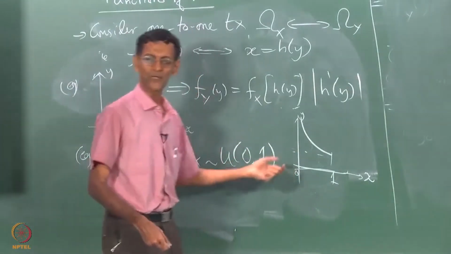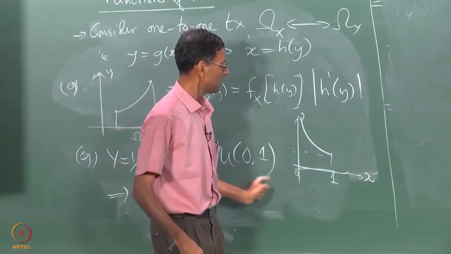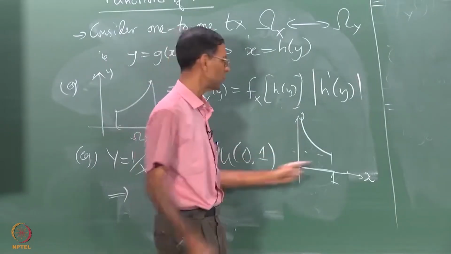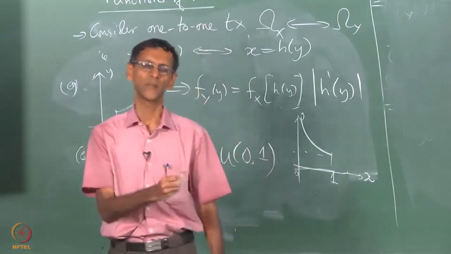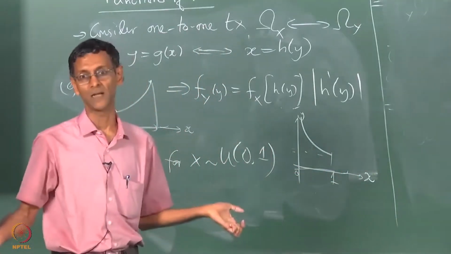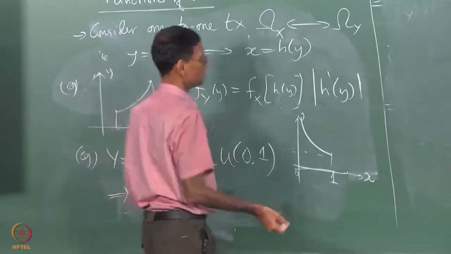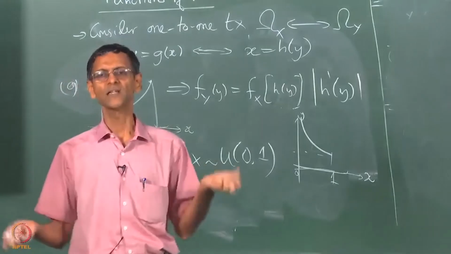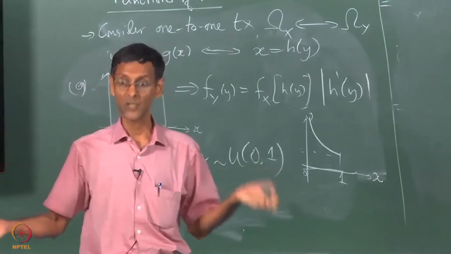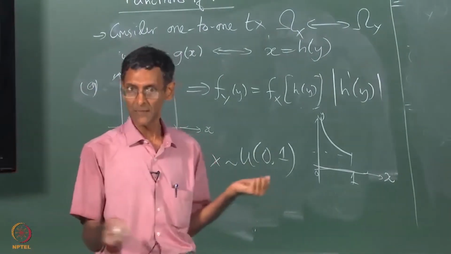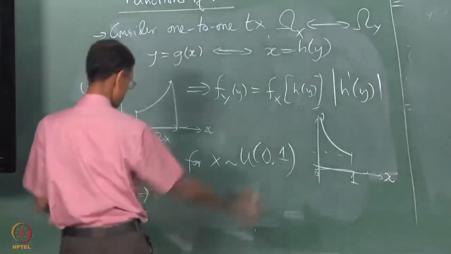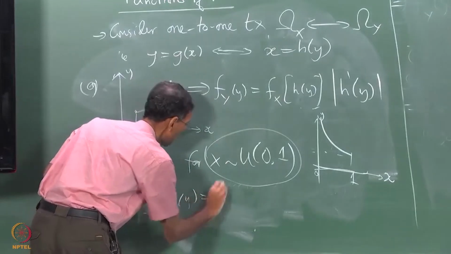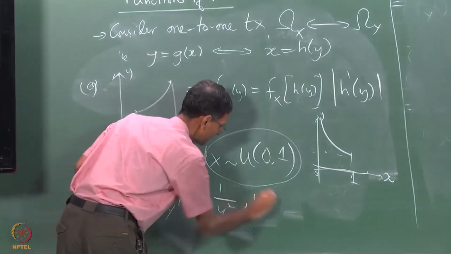The fact that the transformation is a big jump from minus infinity to infinity, if you include a two-sided swing, will not change the method. So, you can call this a one-to-one transformation even if x is, let us say, varying between -1 and 1 or whatever, it is perfectly doable. But in this particular case, for x is U(0,1), you get f_Y to be 1 by y squared for y greater than or equal to 1.